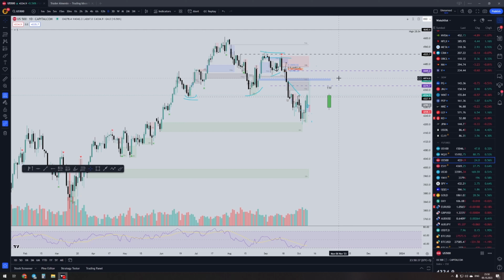How to move the chart up and down? You just go on the right side where you can see these price numbers, and just go up and down, so you can change the length and width on the chart, right, like this.